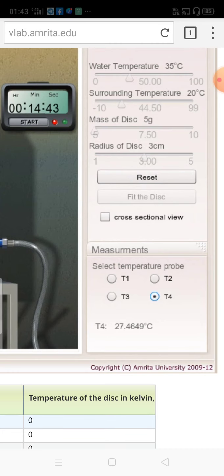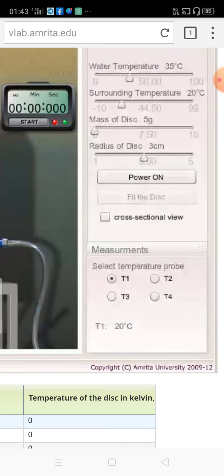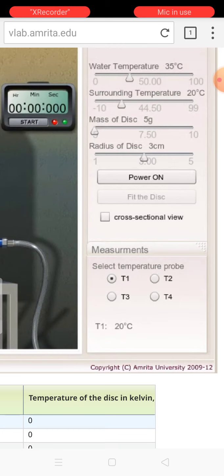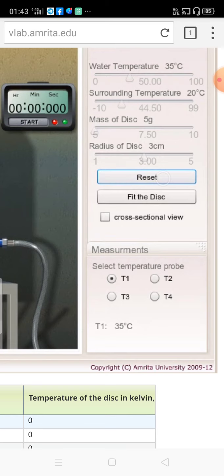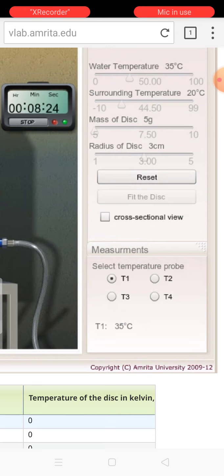Again you reset it once again. So it will come to the 0 condition. Here it shows T1 is 20 degrees, right? Now you again feed the disc and power on. First you power on, then you feed the disc. Then what will happen? The temperature changes. T1 is showing 35 degrees.